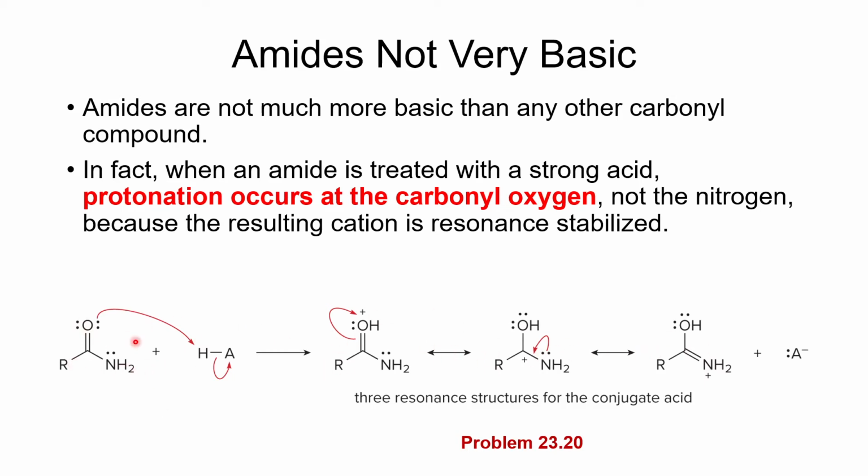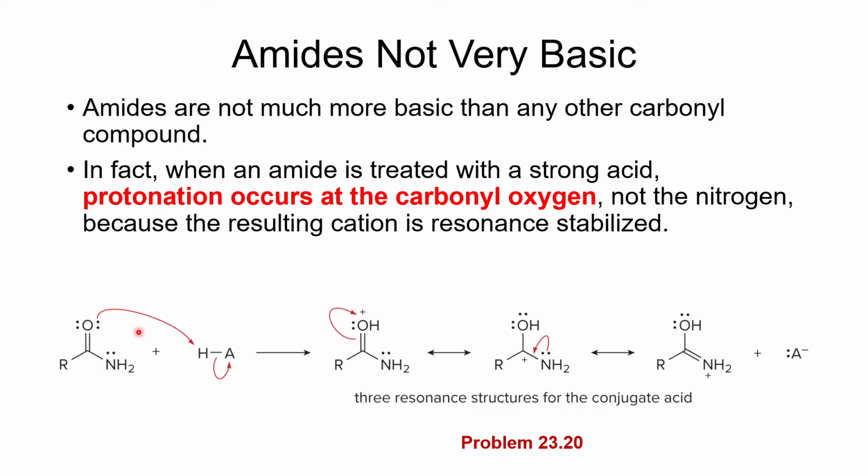If we protonate on the nitrogen, we can't draw these additional resonance structures, or we can draw 1 additional, but it's not going to be very favorable. So it turns out protonation happens on the oxygen, and there's been evidence to show that this is true. All right, so now we know that amides are not very basic at all.